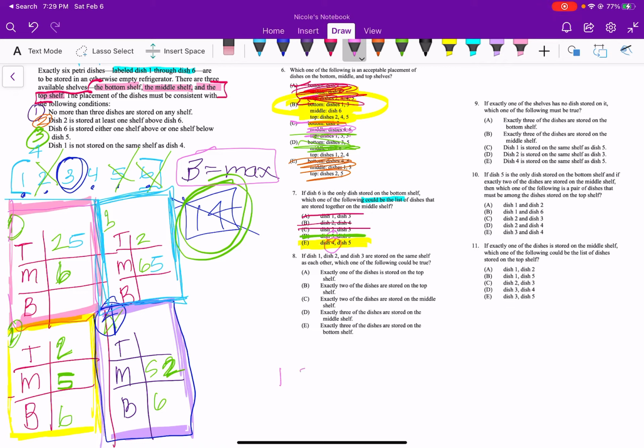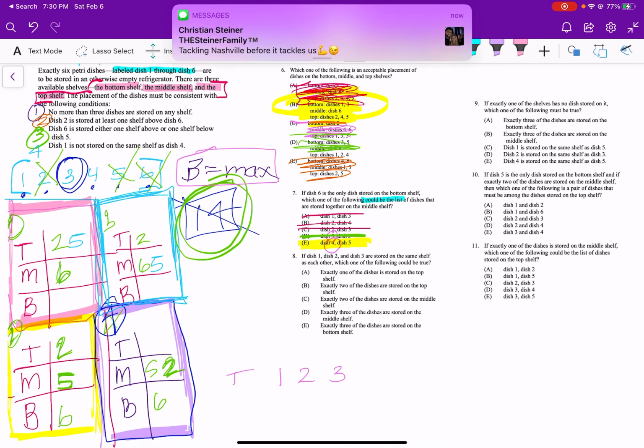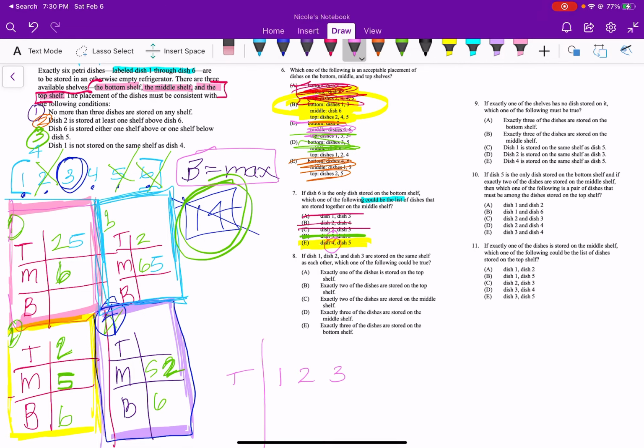So now we need to determine what shelf could this possibly be. So the only time that we ever have 2 by itself in worlds 1, 2, 3, and 4 is in 2 and in 3, and we have it on the top shelf. So we know that these are going to have to be on the top shelf because we can only have 3 total.